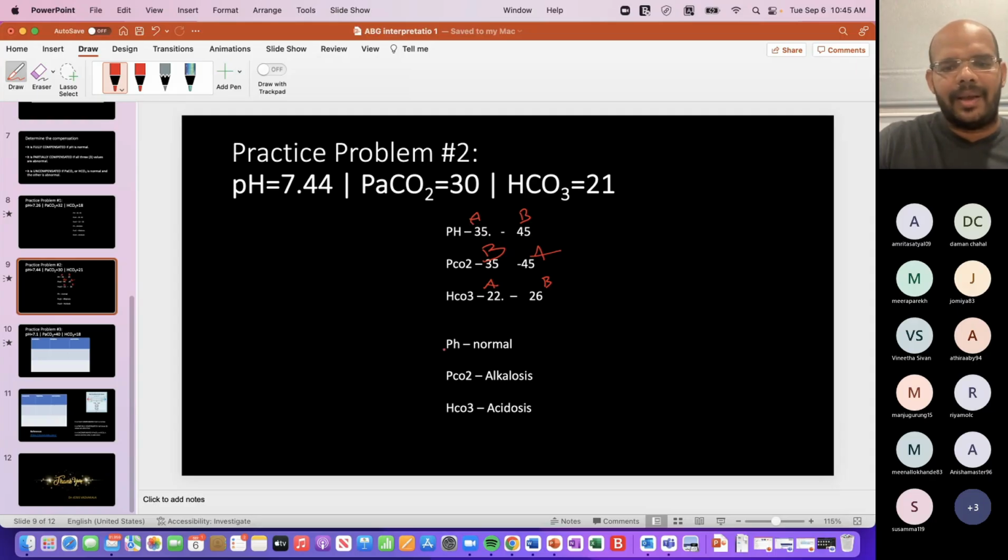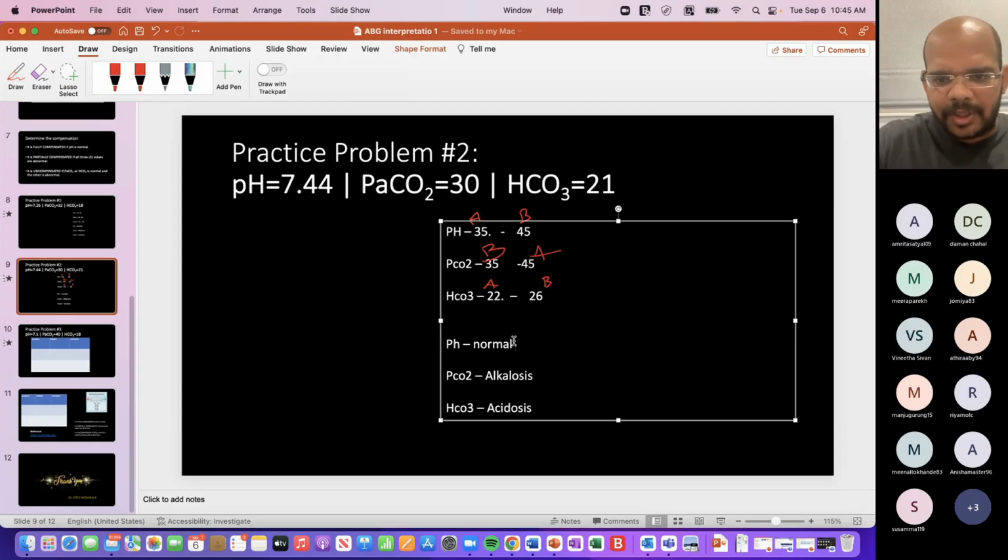So keep it as alkalosis, though it is normal. If you want to determine the compensatory mechanism, you have to keep it alkalosis, because it is in the border of alkalosis state.